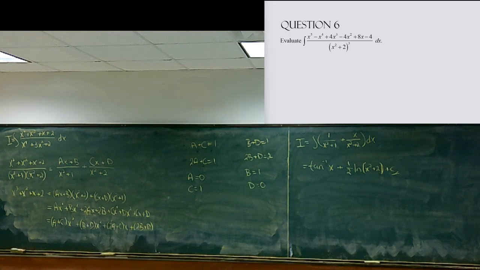Oh no, I'm sorry, not that. Because that would just be u sub. It would be 1 over x squared plus 2 quantity squared, that you have to use trig sub on. So yeah, you may have to do trig sub as well within the method of partial fraction decomposition.